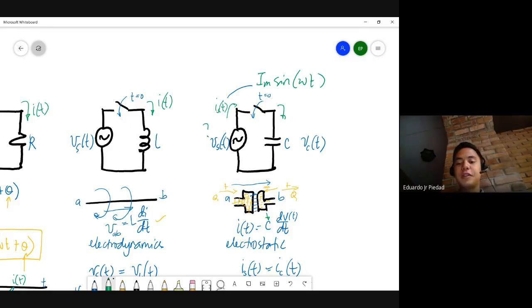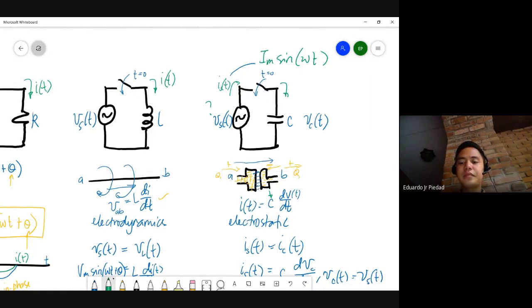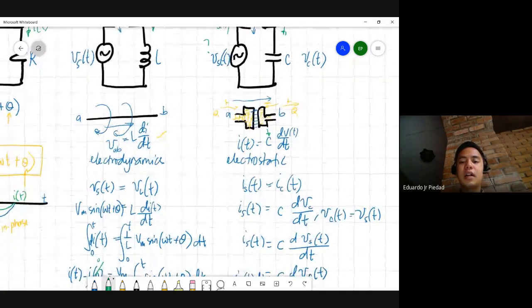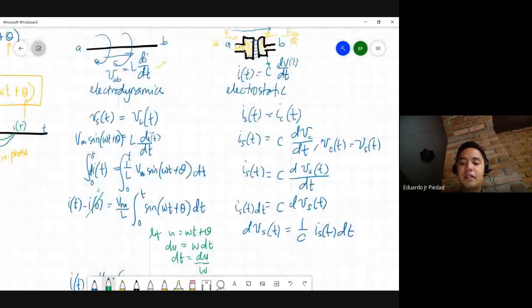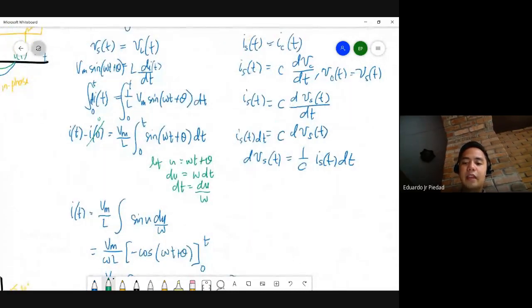To make it simple, we can do the same as with the inductor, but I'd like you to follow the same pattern. Taking the integral, you can replace Is of t with Im sine of wt plus theta, dt.